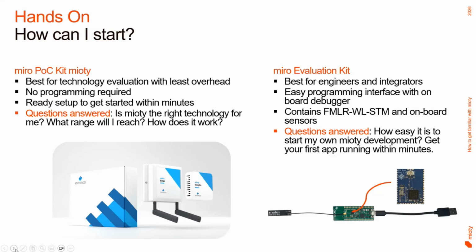It's really as easy as plugging in your gateway and connecting it to LAN, and within a couple of minutes, you will see the first data and can do range tests. So you will answer the questions: is it the right technology for me, range questions, and how it actually works.